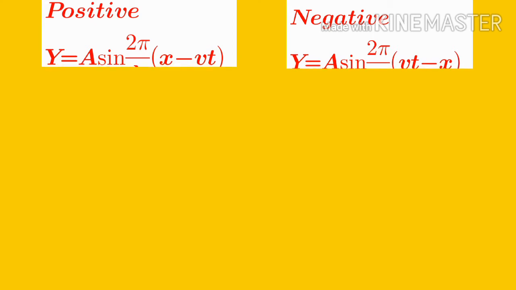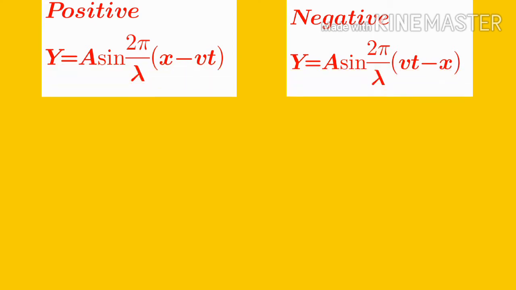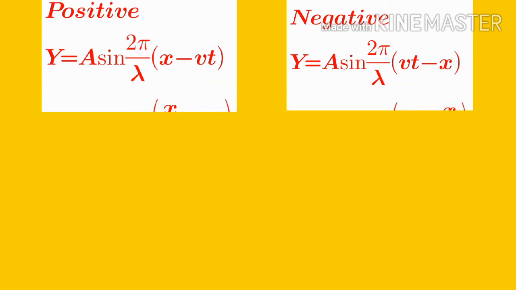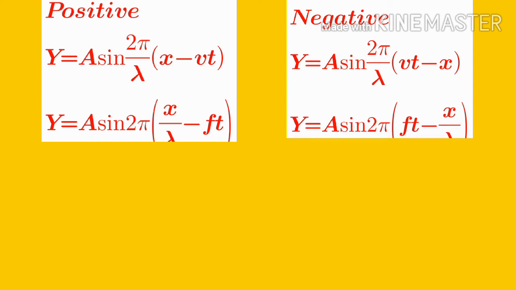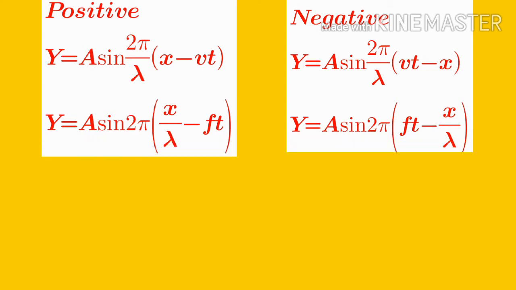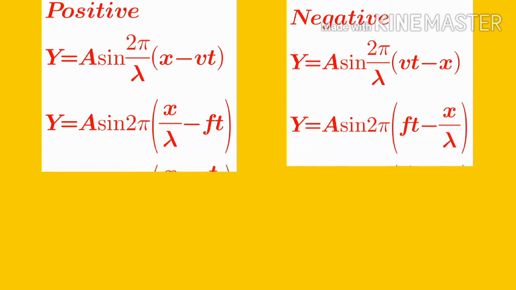Now you can see the first one: y equals a sine 2 pi over lambda, in bracket, x minus vt. That's when the wave moves in the positive direction.